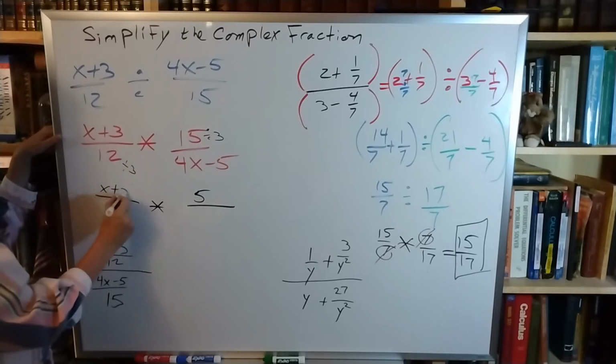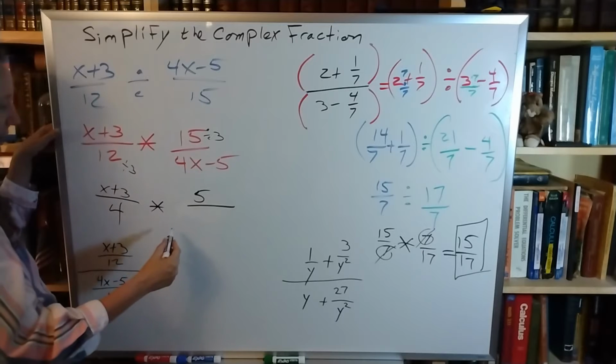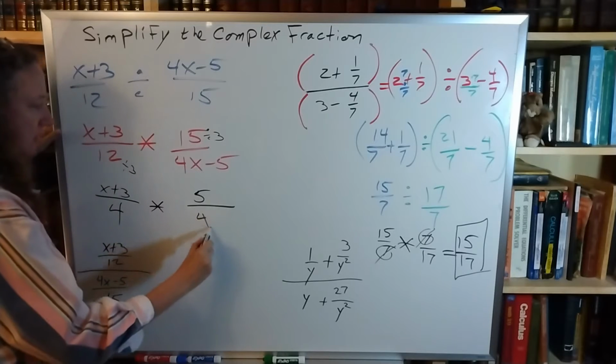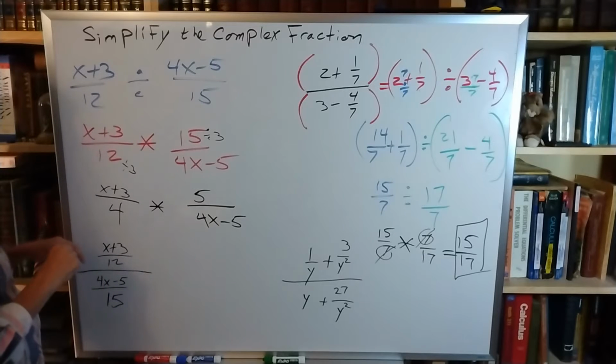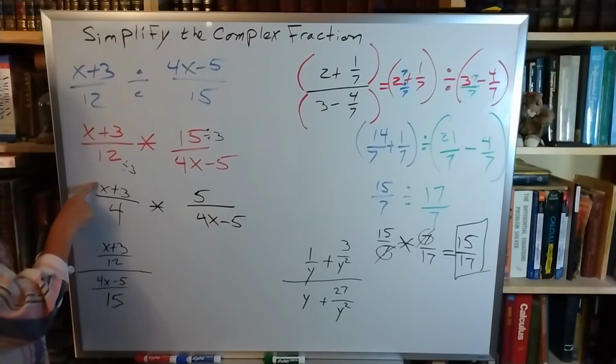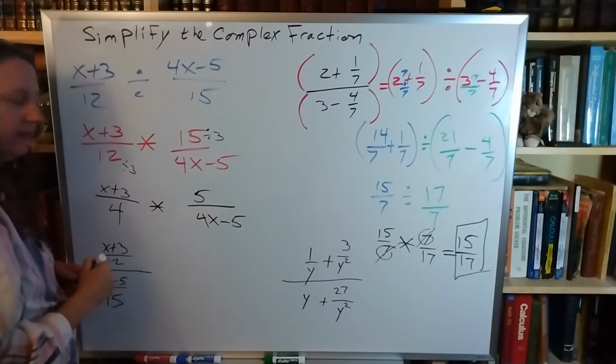I still have my x plus 3, because it cannot be reduced with that. There's nothing I can factor out of those. Checking my 4 against my x plus 3, I can't do anything. 5 against that, I can't do anything.